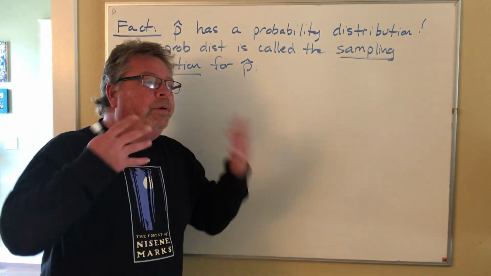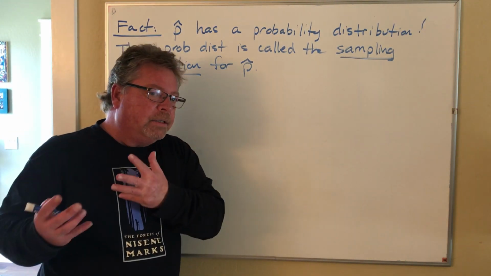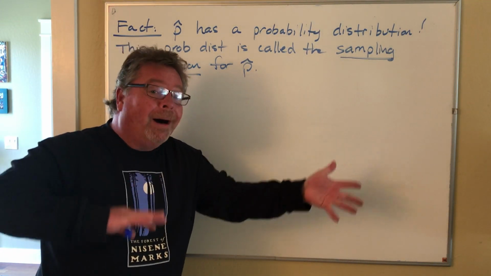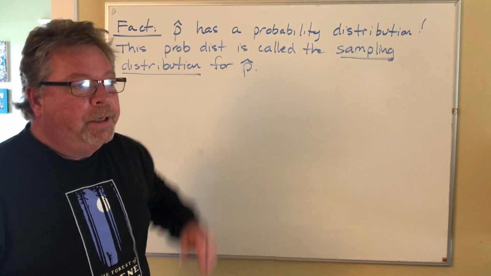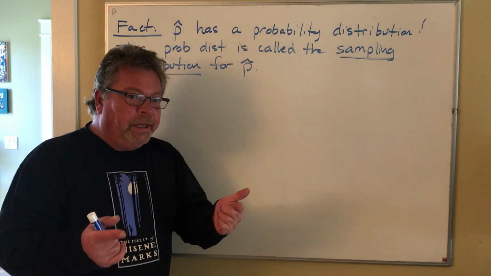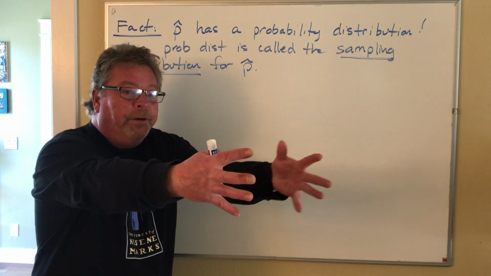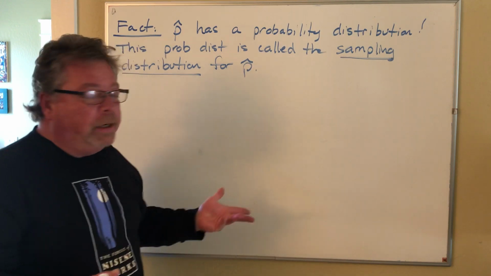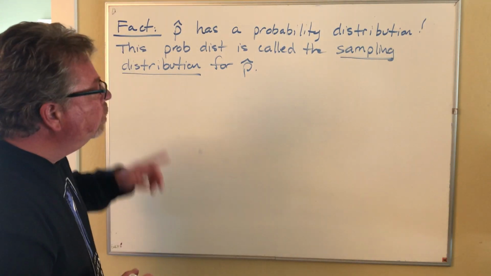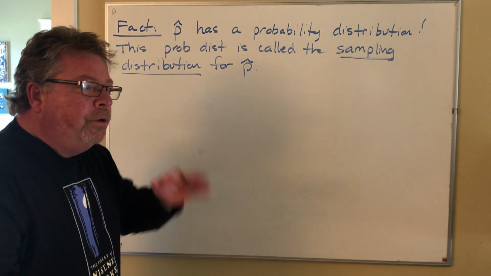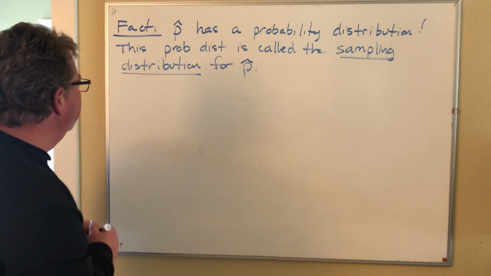And this is really analogous to our last lectures where we were talking about the probability distribution for x bar, which we called the sampling distribution for x bar. Both of these things are probability distributions for variables that are extracted from a sample. And that's why we call them sampling distributions. So what we have to do is see if we can talk about three key things for this.